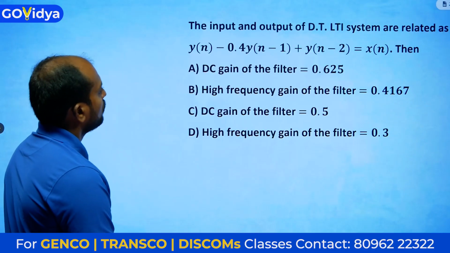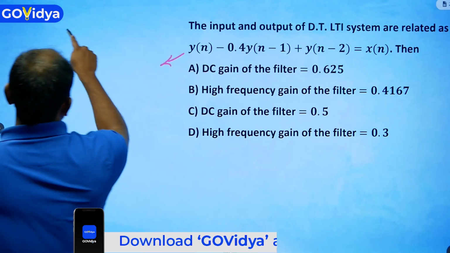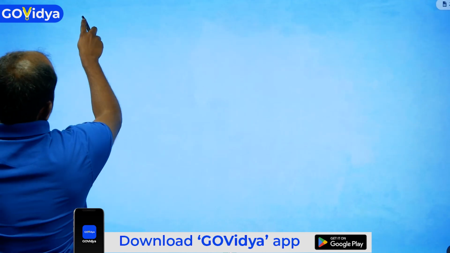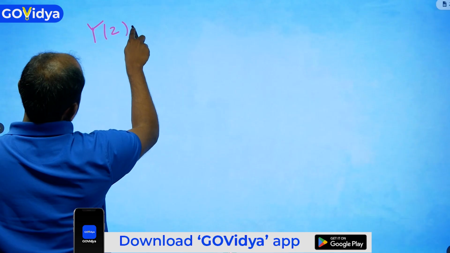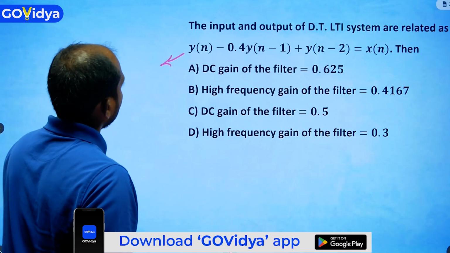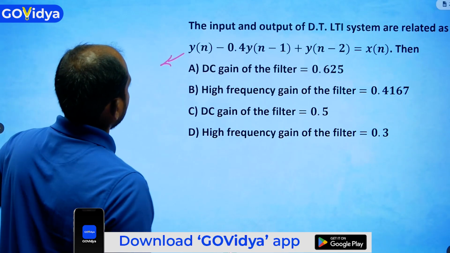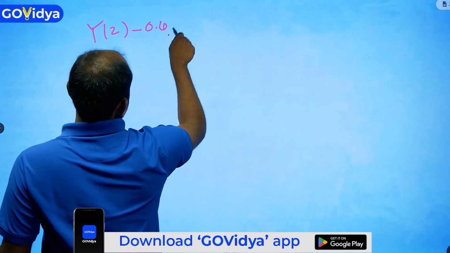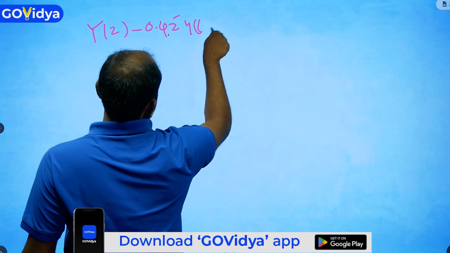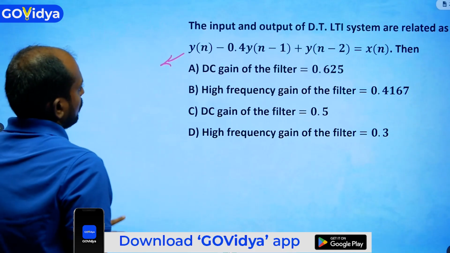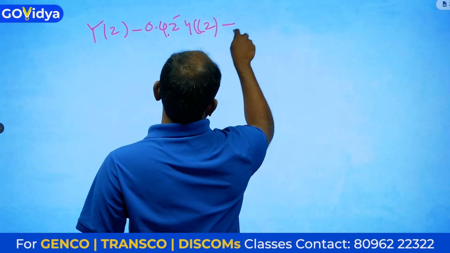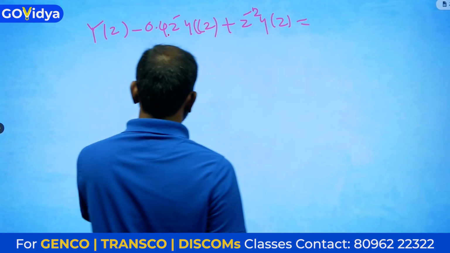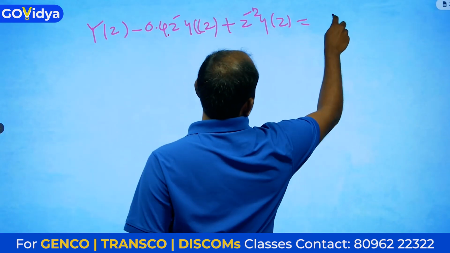Let me apply the Z transform: Y of z minus 0.4 z power minus 1 into y of z plus z power minus 2 into y of z is equal to x of z.